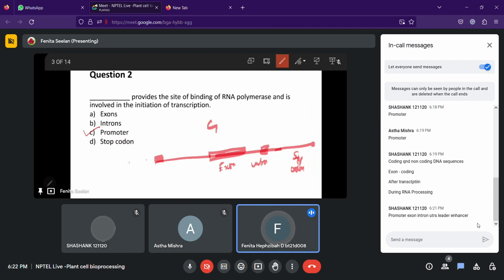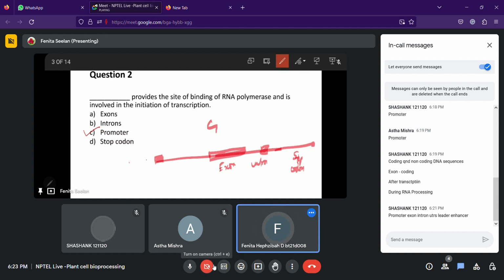We all know that promoter is the initiation site of transcription. So where will it be placed, generally at the initial stage, right? So after promoter, what will be kept? Your promoter will bind your RNA polymerase.